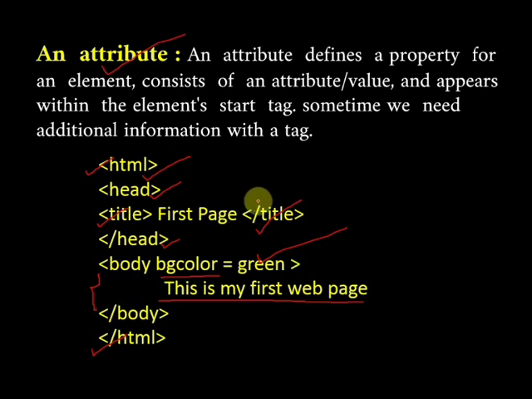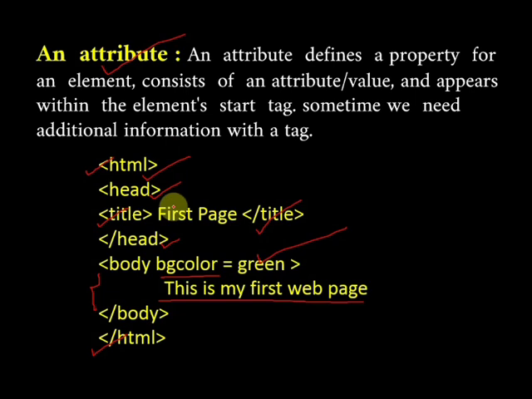Now the same program we are going to write and see what output we are getting. So what is the use of the HTML tag, head tag, title tag, closing head tag, body, and closing body tag. While saving this program, you are going to save it with the .html extension.